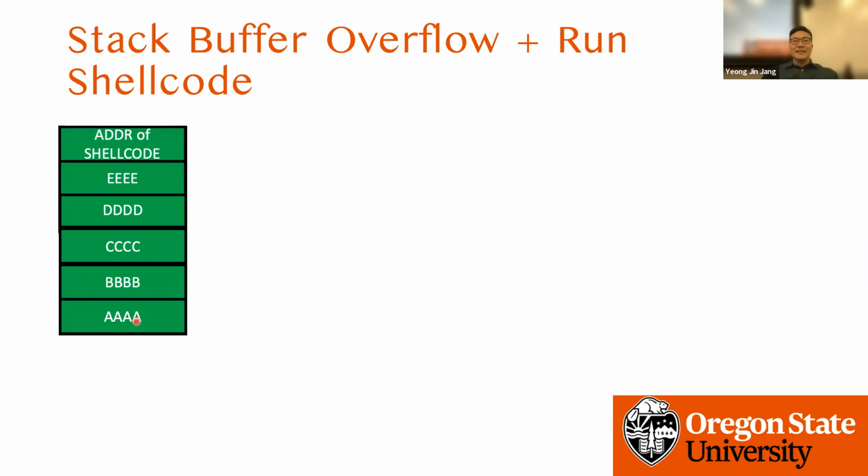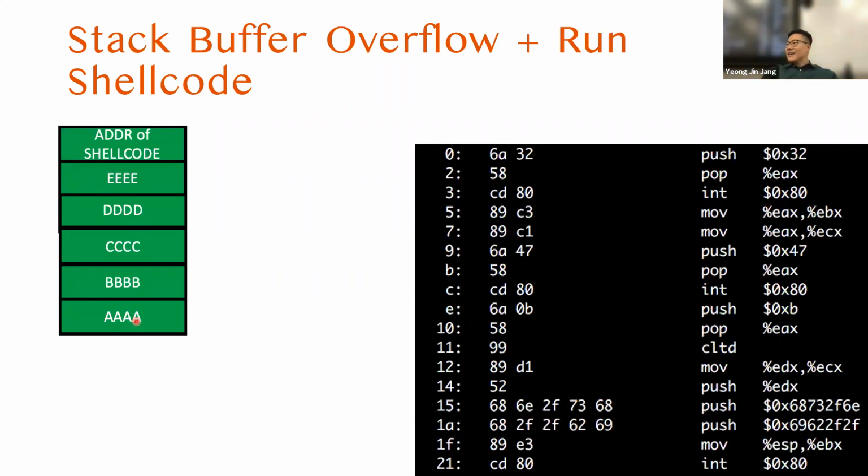In all of the challenges on how we can use shellcode, you put your shellcode somewhere in the stack, in the program's memory, and then we can jump to there. Then it executes your shellcode.